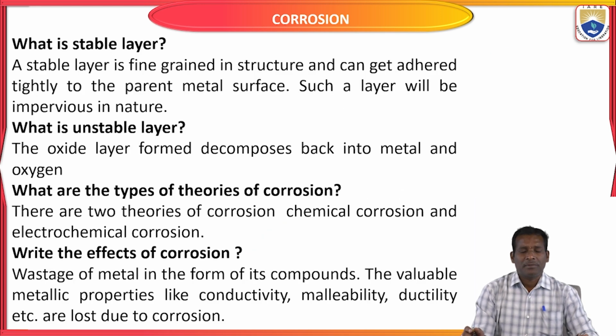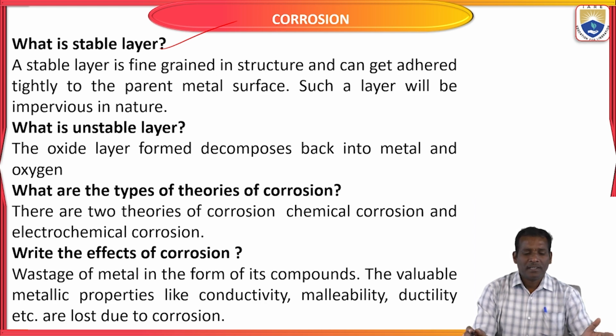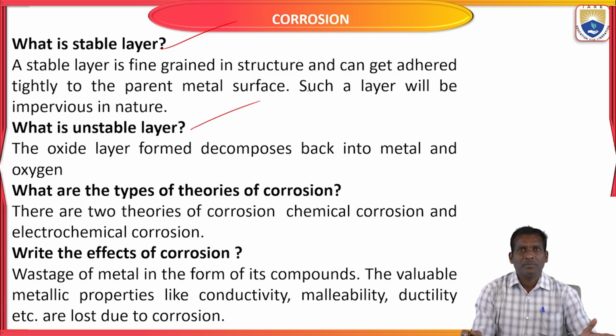What is a stable layer? A stable layer is fine grained in structure and can get adhered tightly to the parent metal surface. Such a layer will be impervious in nature. What is an unstable layer? The oxide layer formed decomposes back into metal and oxide.